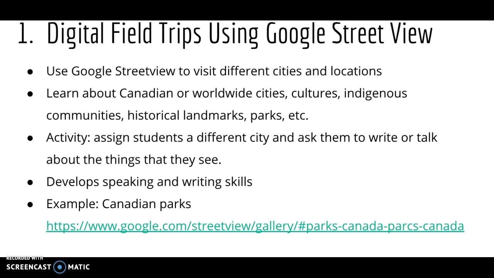Going on digital field trips using Google is a very engaging way to talk about Canadian cities, cultures, Indigenous communities, landmarks, history, parks, all kinds of things. For ESL learners, teachers can assign students different communities and ask them to talk or write about the things that they see. I've found this to be an effective way to get students to learn about Canada and practice their speaking and writing skills as well.